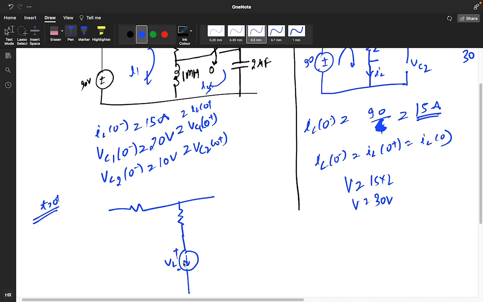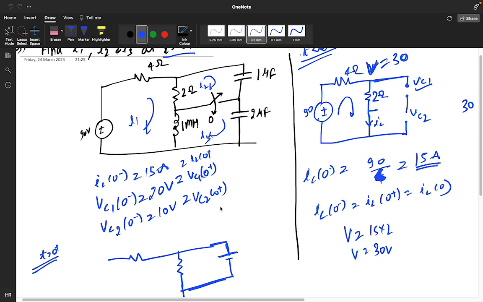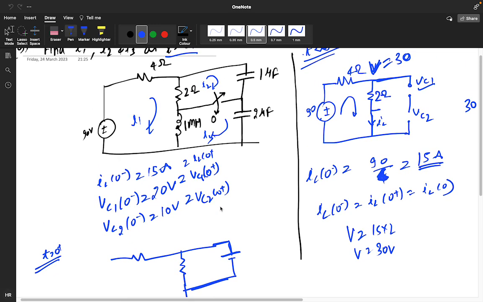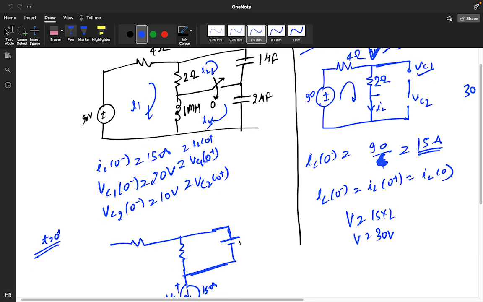The value of the inductor current will be the same, that is 15 ampere, and this is shorted. I am considering this positive negative voltage we got at t equals 0 plus. That's why I am representing this circuit at t equals 0 plus, and representing the 1 microfarad as a voltage source.